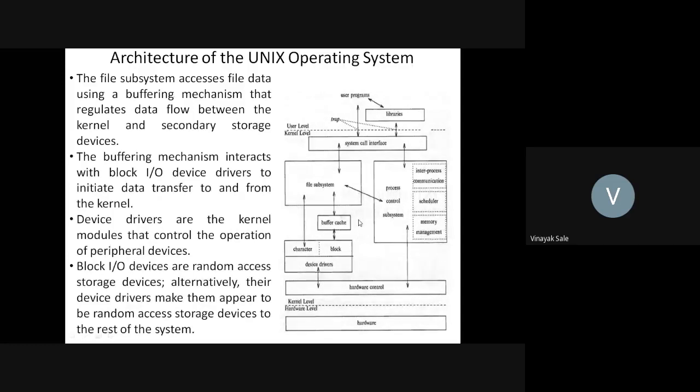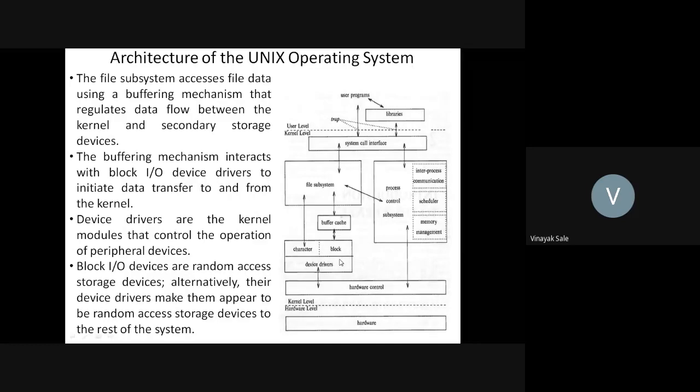The buffering mechanism interacts with block input output device drivers to initiate data transfer to and from the kernel. The device drivers are the kernel modules that control the operations of peripheral devices.